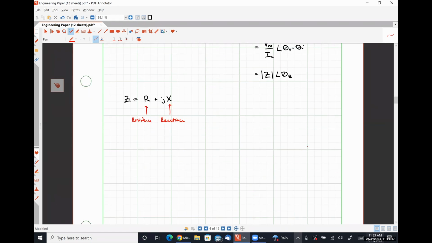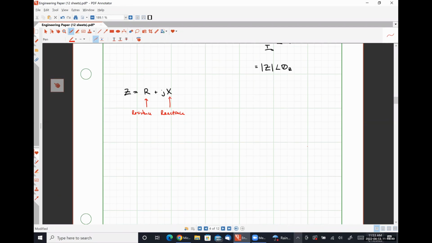So for a resistor, the impedance is given simply by the phasor voltage across the resistor divided by the phasor current flowing through the resistor.